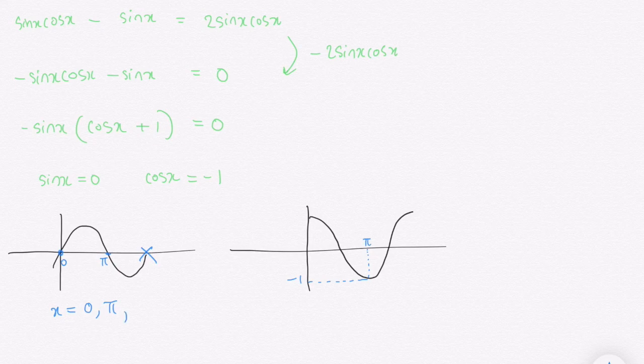So the only value here is pi. But notice that is one of our solutions already, so we don't need to write that down again. We've just got x equals 0 or pi. And there are only solutions when x is between 0 and 2 pi, not including 2 pi.